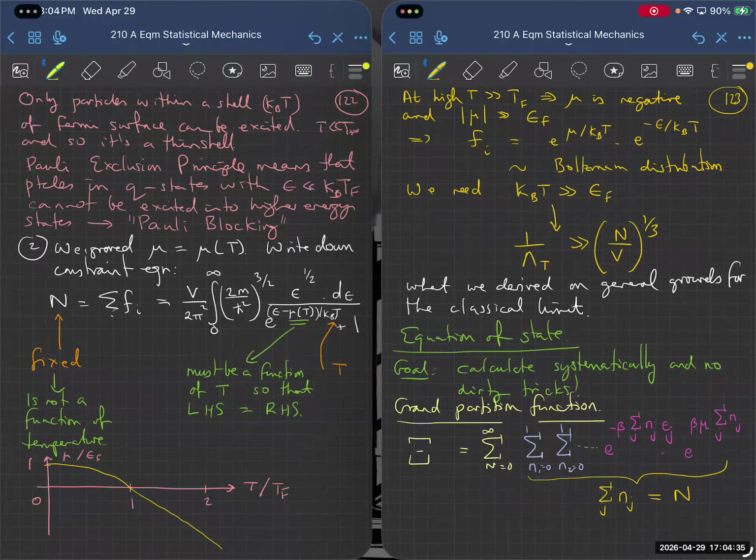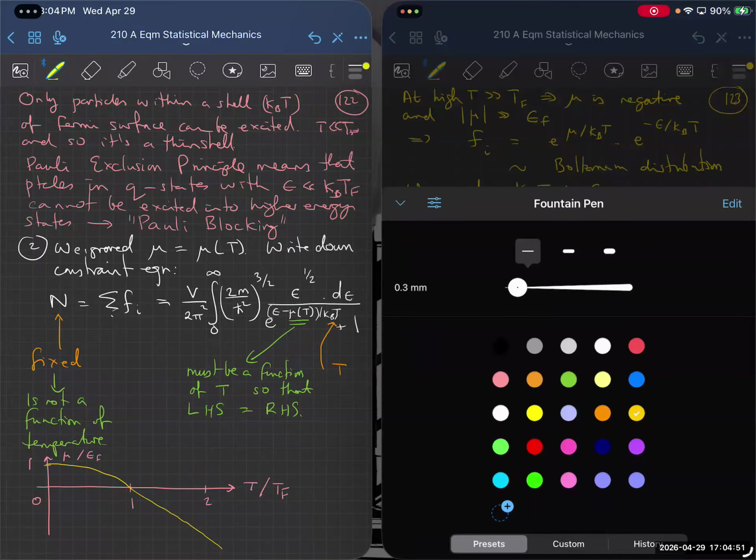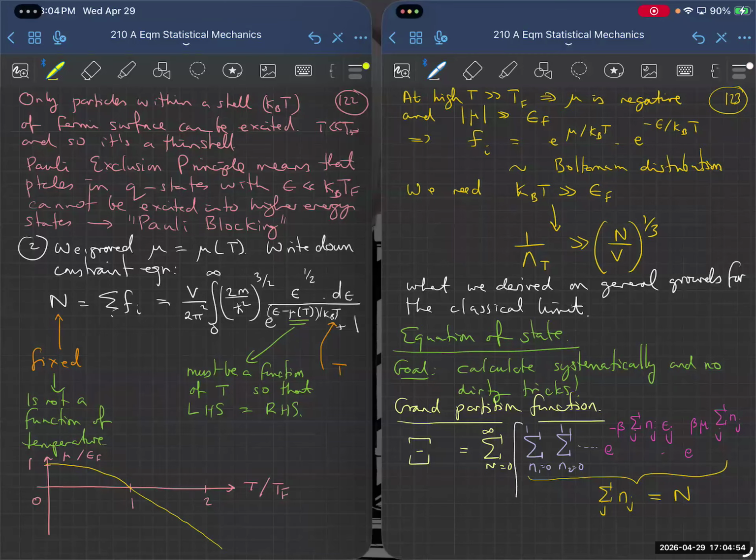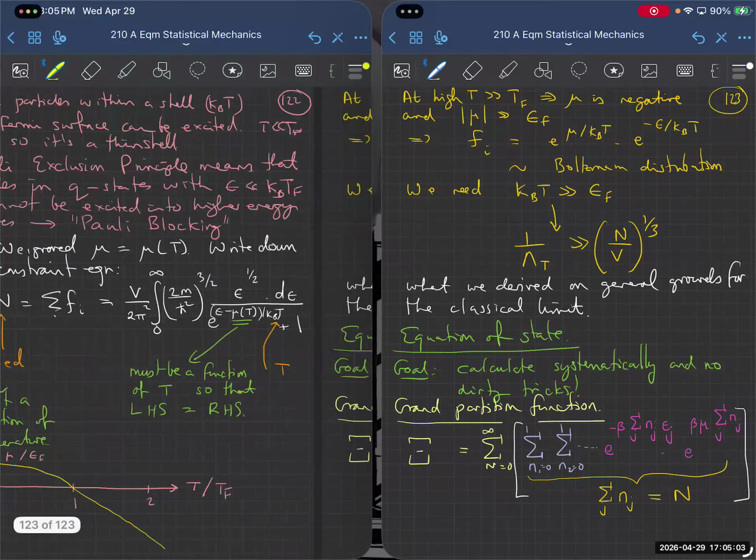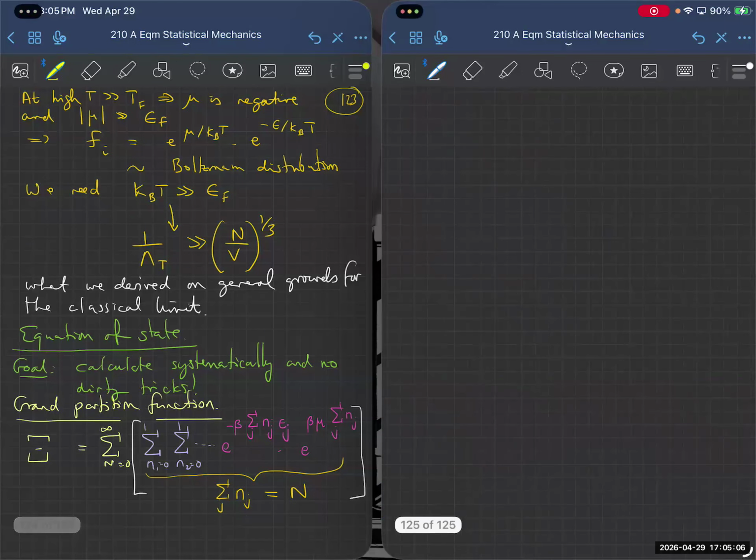Then, given that number N, I sum over the occupation numbers of the quantum states, with my Gibbs factor, e to the minus beta times energy minus mu over kT. For these states, given that I've told you what capital N is, the sum has to equal N. That, as we explained last time, is the thing that is particularly difficult to do.